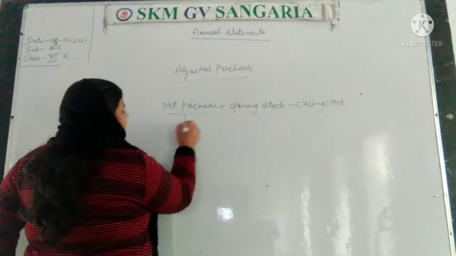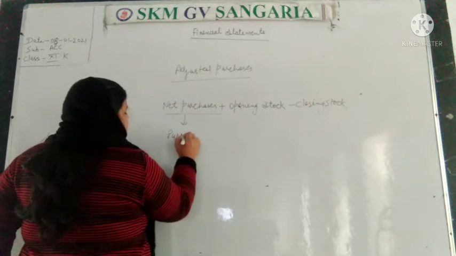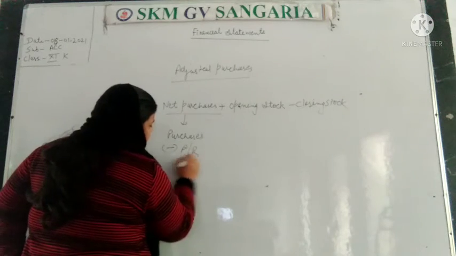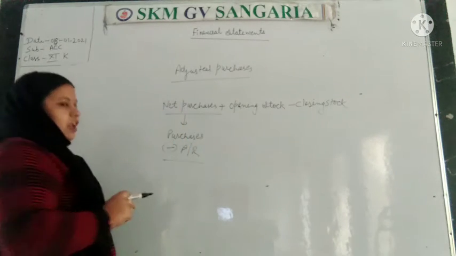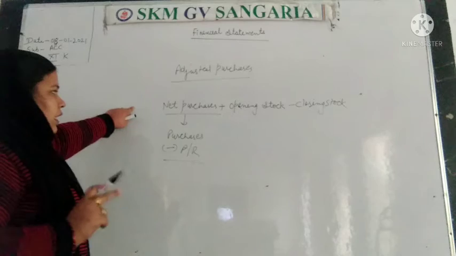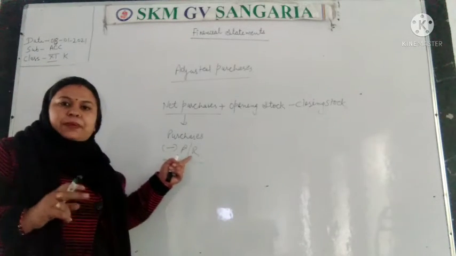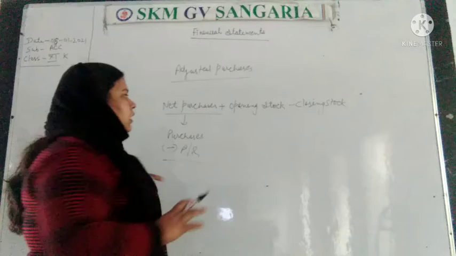Net purchases means purchases minus purchase return. मतलब हमने क्या है, net purchases we have returned. Then what does net purchases mean? Net purchases means the purchases from which the purchase return has already been deducted.